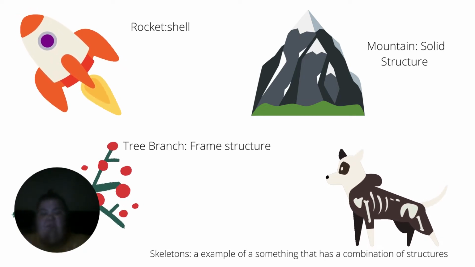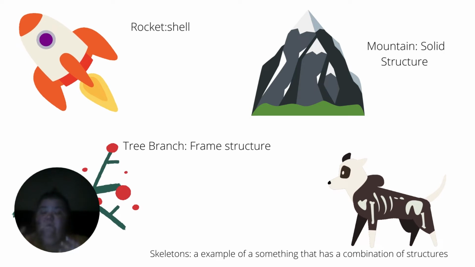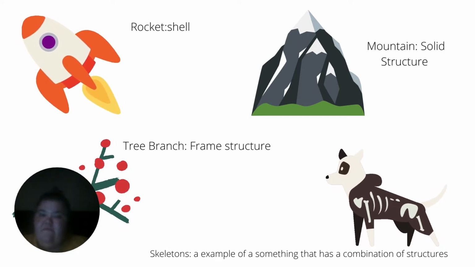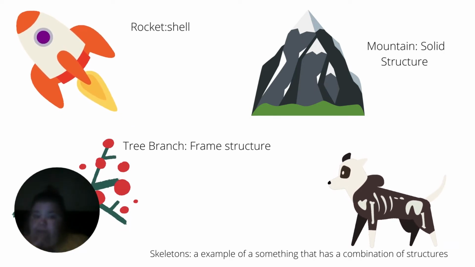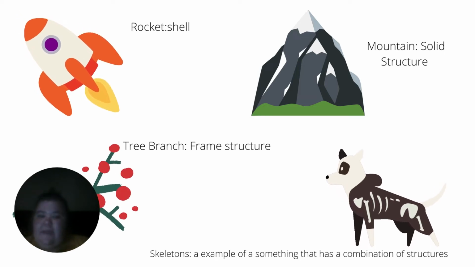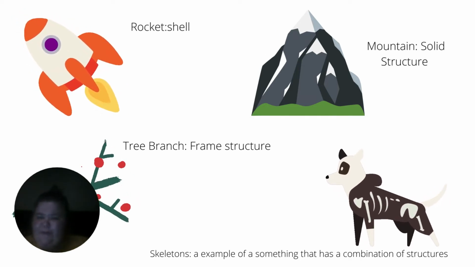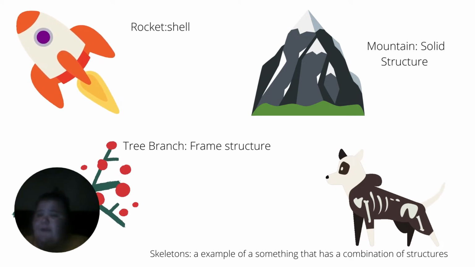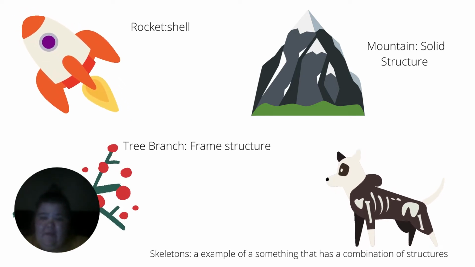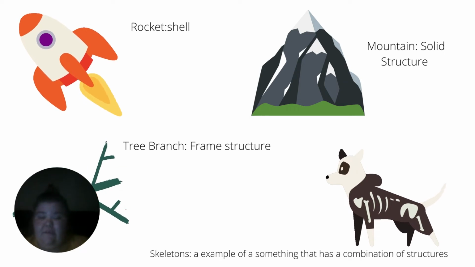And that's why it's called a frame structure, because it's more than one thing. If I had written a wooden pole, it would have been a solid structure because we know a wooden pole is not living. An insect might crawl on it, but the wood itself is no longer living.